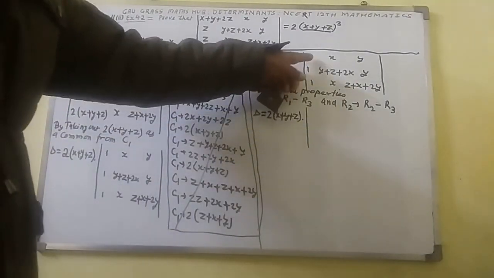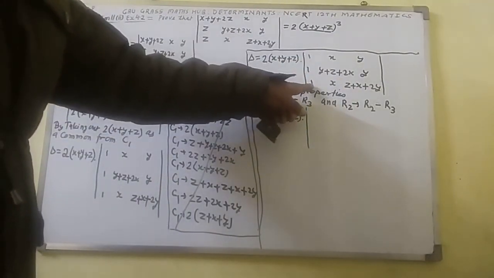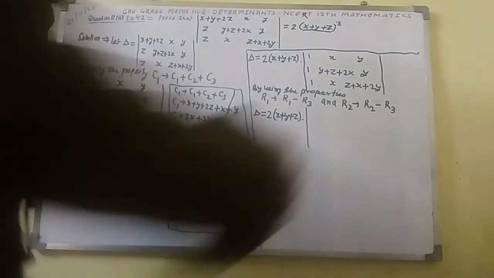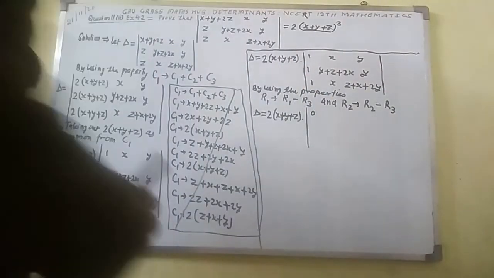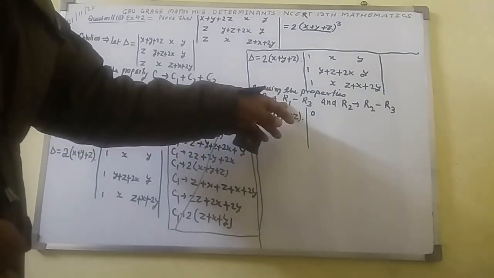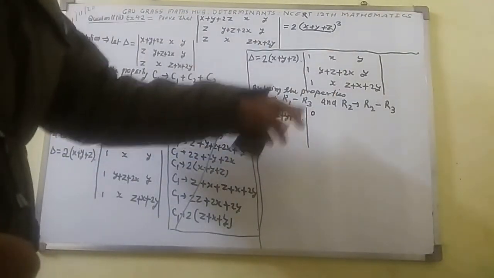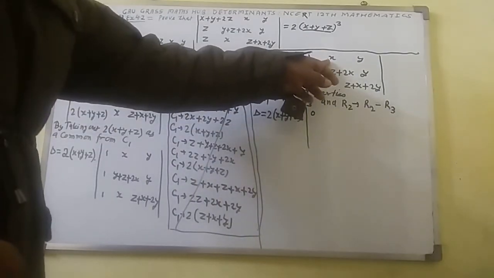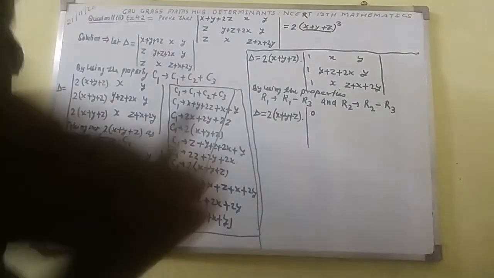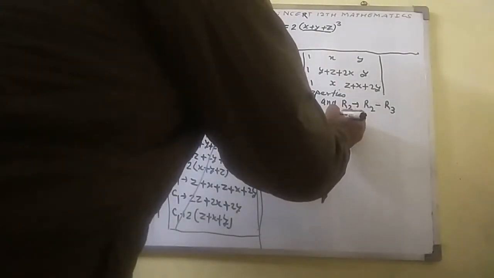Here you can see R1 is 1, the respective element in R3 is 1, so 1 minus 1 you will get 0. Here if I take the element of R1 as x, the corresponding element of x in the third row will be x. So here x minus x comes out to 0.